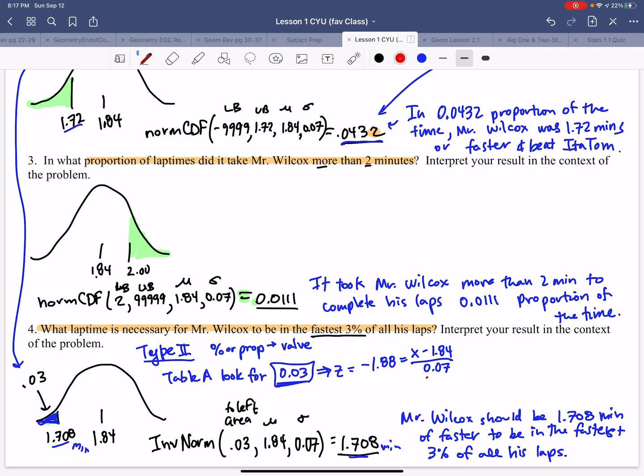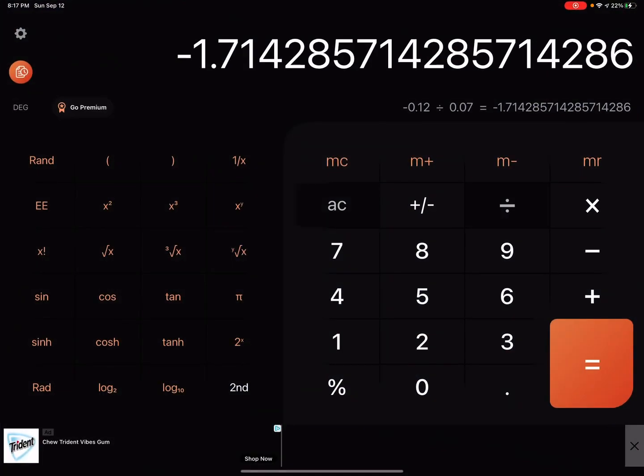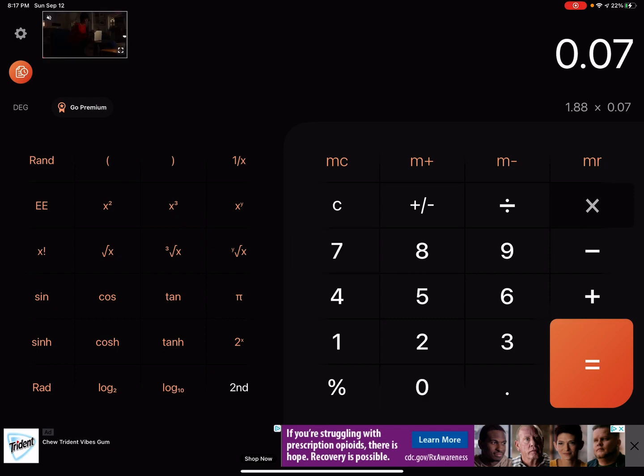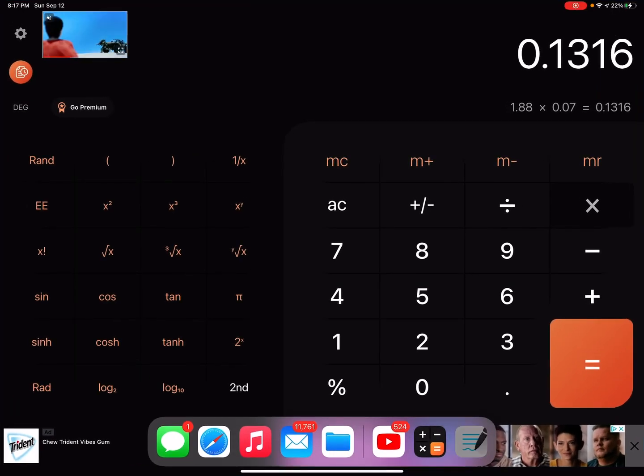Now, using a variation of the limit swap, I can move that up there or just multiply by 0.07 on both sides. So I get 1.88 times 0.07 on the left, and this is what I have on the right. So negative 1.88 times 0.07 is .1316.